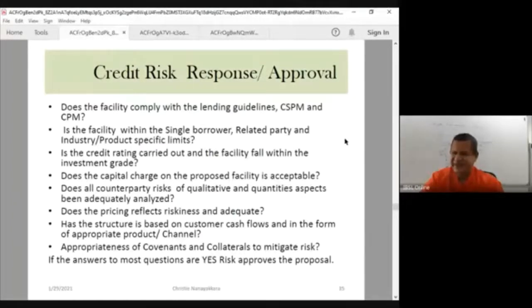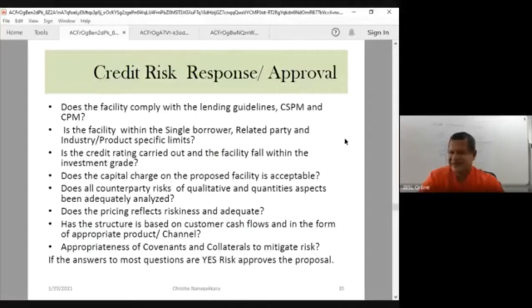Does the pricing reflect riskiness and is it adequate? The bank has interest rates listed on a sheet, but if the riskiness is high, as a credit analyst, you need to quote a high interest rate for that customer. That's why credit cards have high interest rates compared to housing.